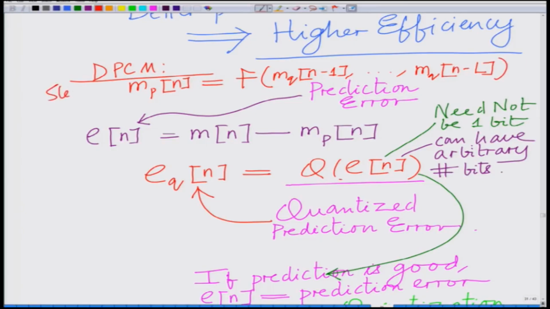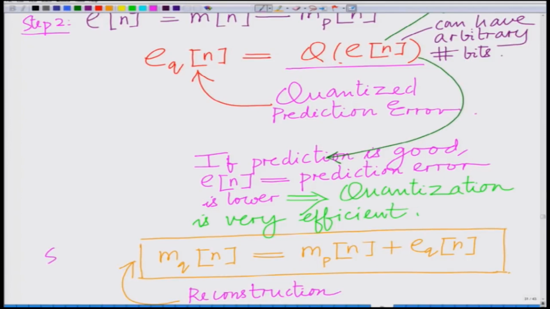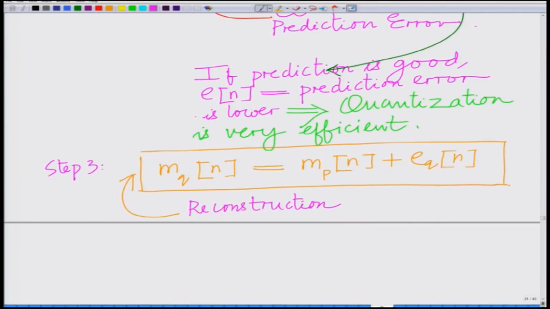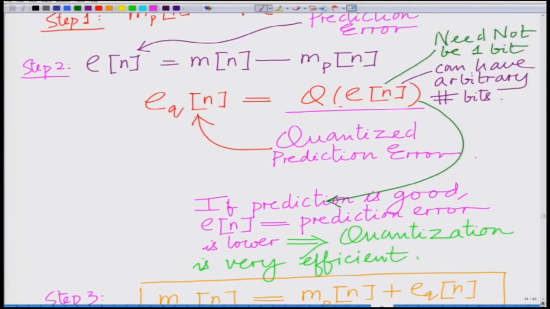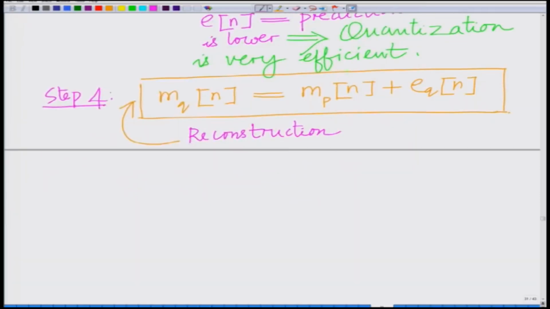So, this is the first step, this is the second step, where you are forming the prediction error, this is the third step, the quantization error EQ of n, and this is the fourth step, that is reconstruction, MQ of n equals MP of n plus EQ of n.